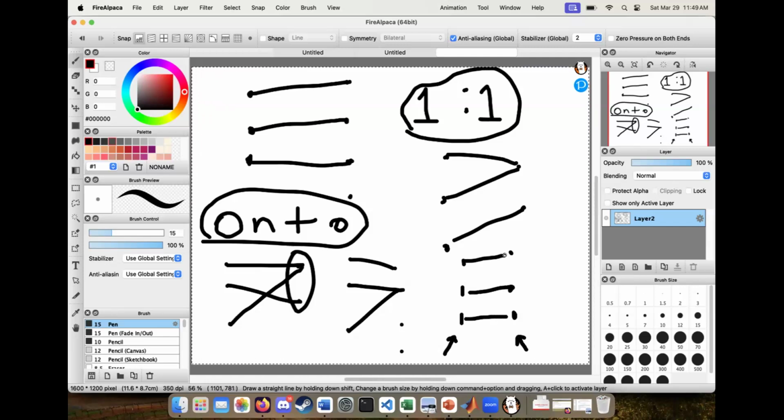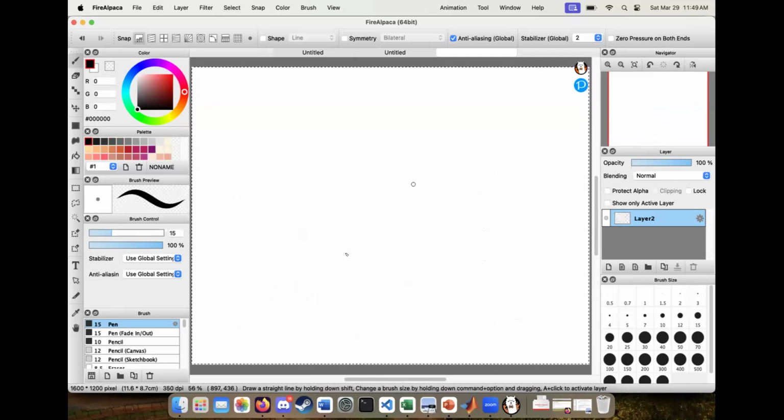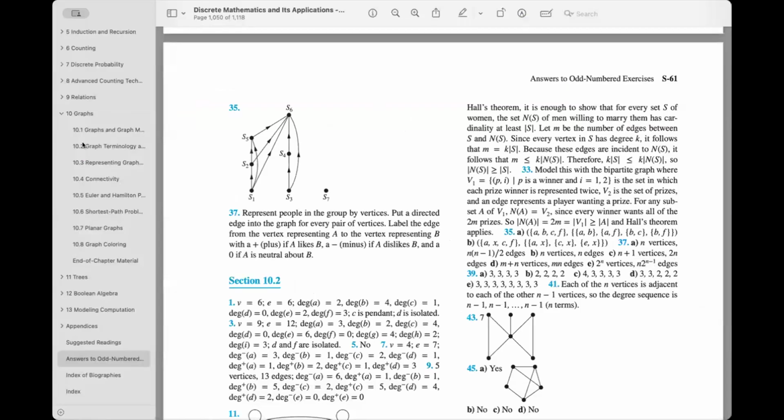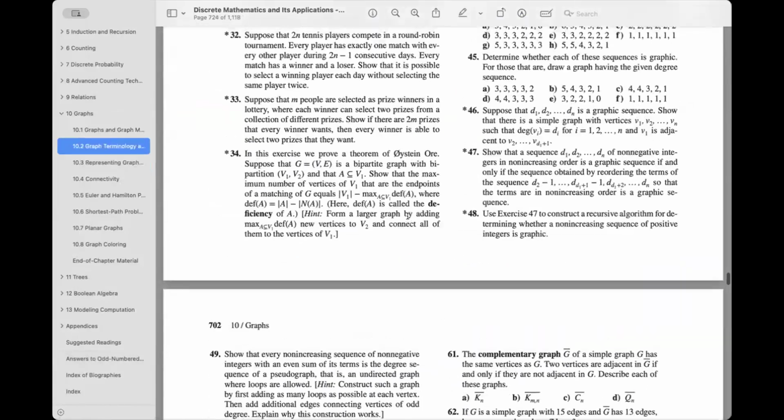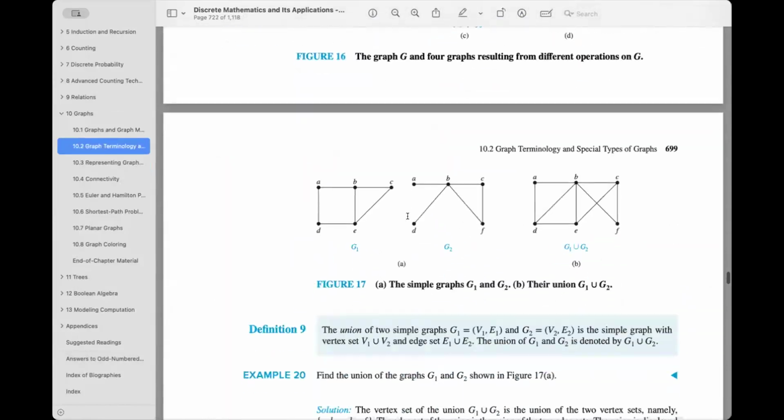If we're talking about bijection in relation to graphs, you're typically using them to prove isomorphism. Let me go to the textbook real quick. Let's see, representing graphs, isomorphic graphs.